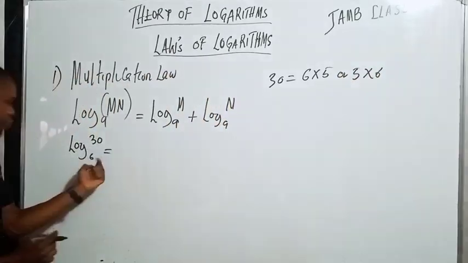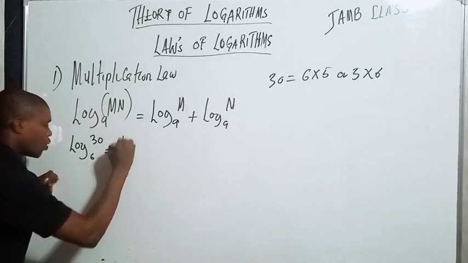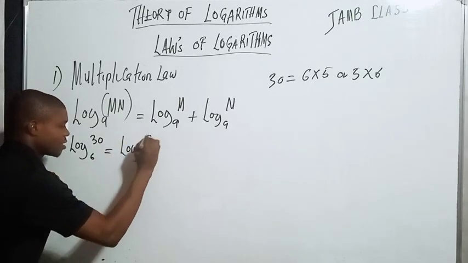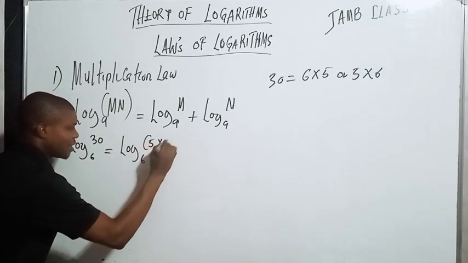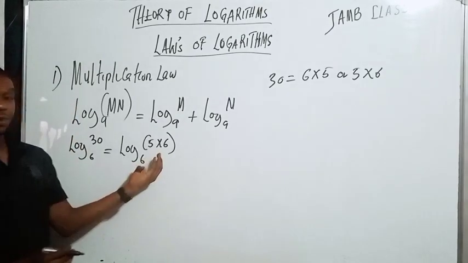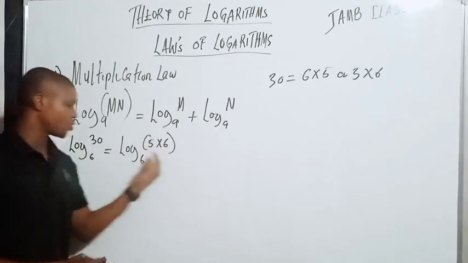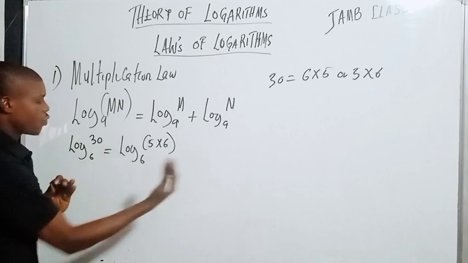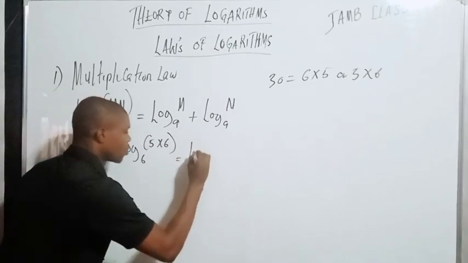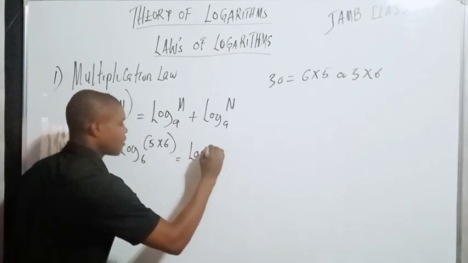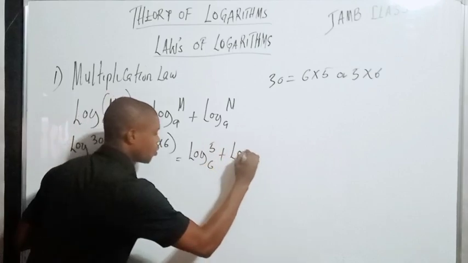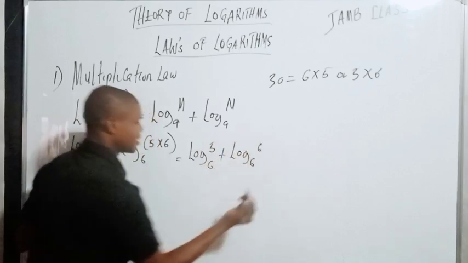So you can break that down to log base 6 of 5 times 6. Can you see that? This is where the multiplication is coming from. So when you evaluate it, it's going to be log base 6 of 5 plus log base 6 of 6.